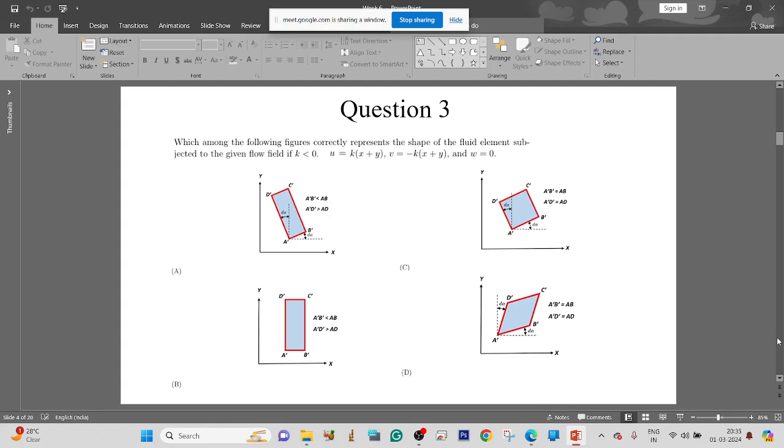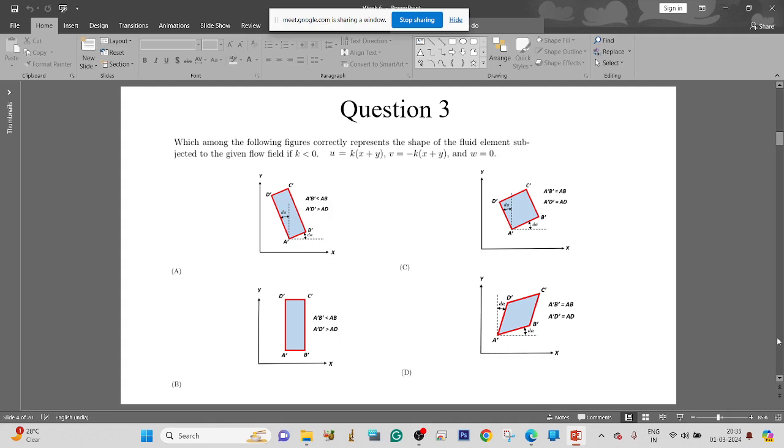Beta is negative, ma'am. Yes, but ma'am, they have not considered beta here. I think that's why they got A. According to me, if they consider beta, then it should be option D, because A B dash will be a bit less. Then option D will be correct.